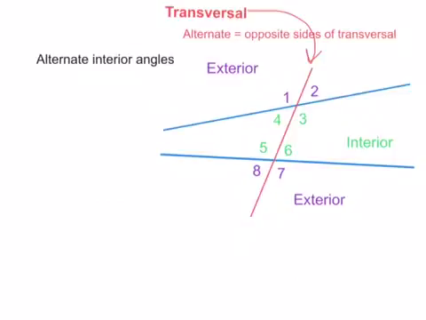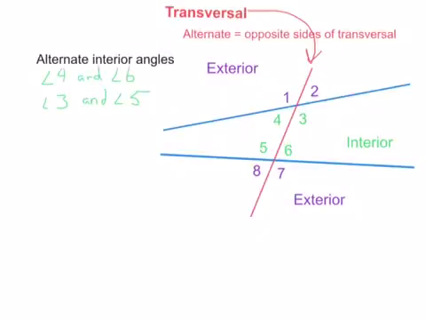So our alternate interior angles would be such like angle 4 and angle 6. They're on opposite sides of the transversal, alternate, but they're interior of our 2 lines. So 4 and 6 are alternate interior angles, and likewise 3 and 5 are alternate interior angles as well.